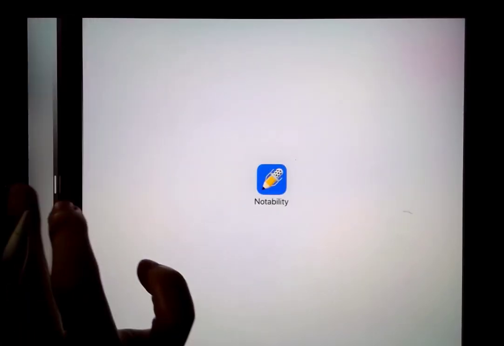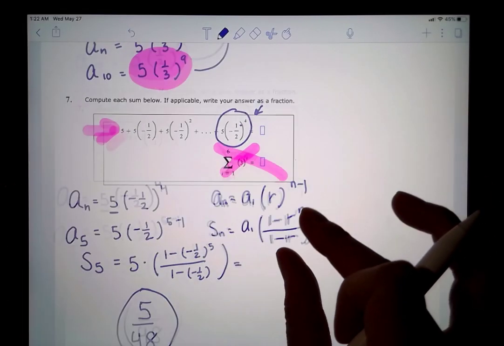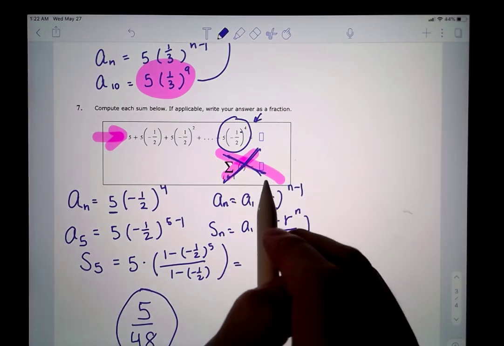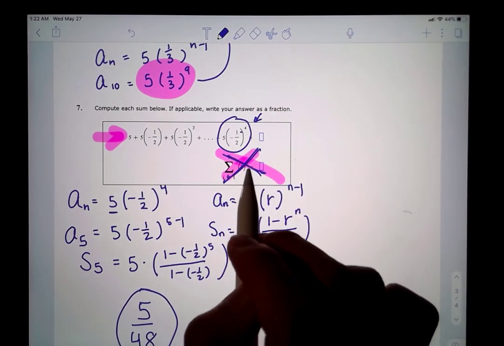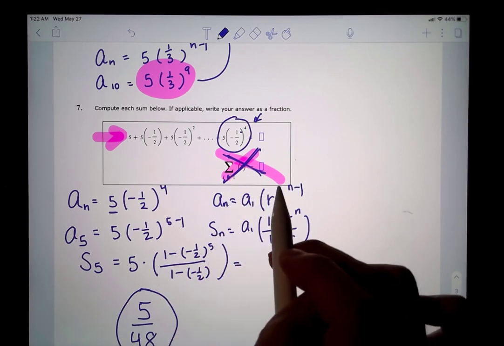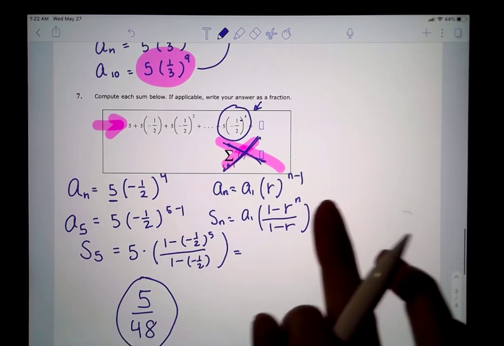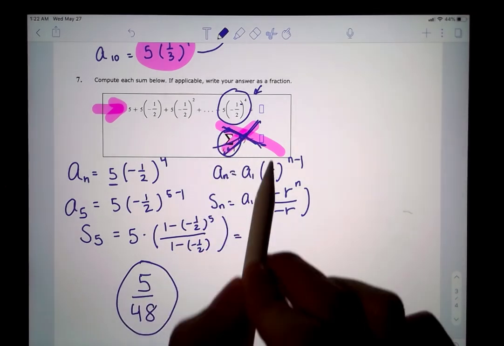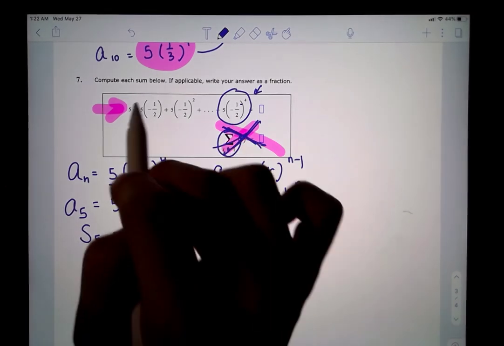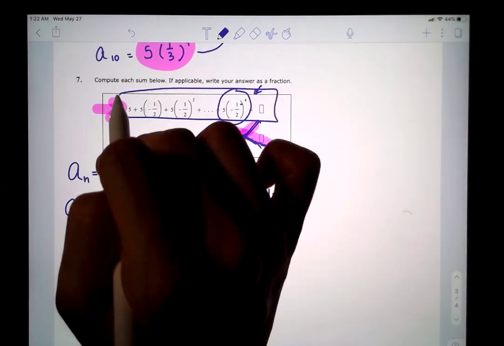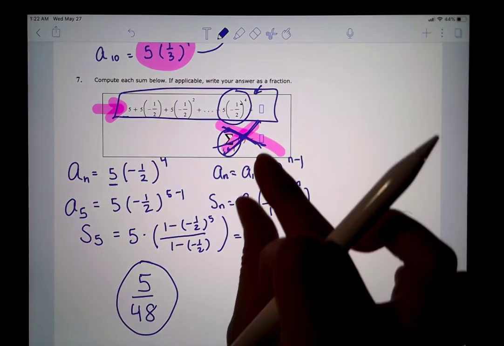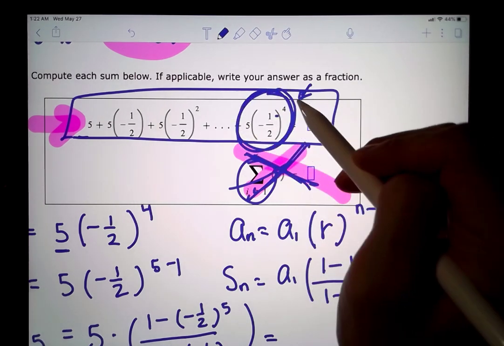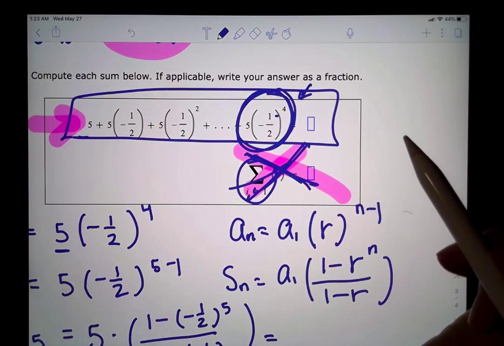So that's it, guys. I told you we're not doing this. You will see this on your test, but there's no way to get rid of this question, so that's why. But I told you we are not doing this symbol. You just look at the first term and do this. For the last problem, you're looking at the last term. You need to get how many terms are in there.